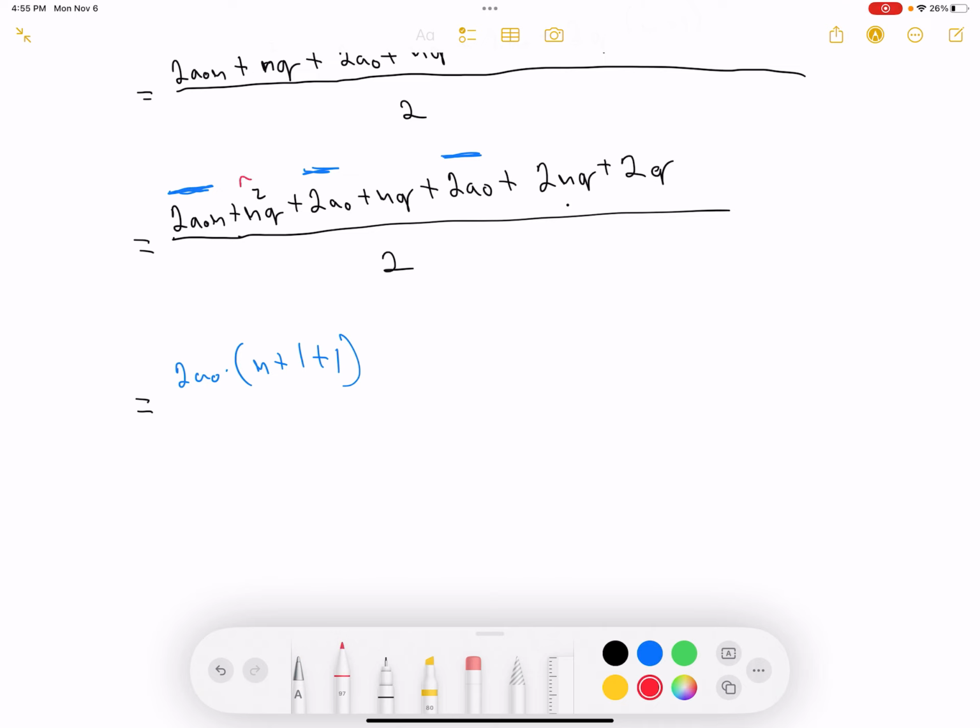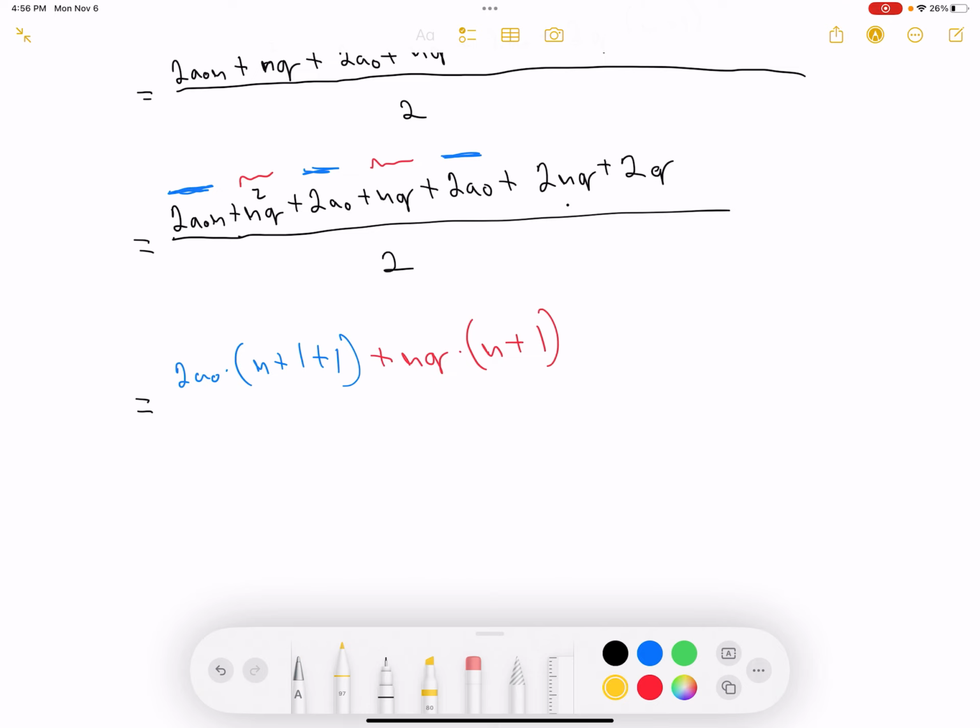It's going to be this guy and this guy. So we would say q times n plus 1, right? And we can keep going.